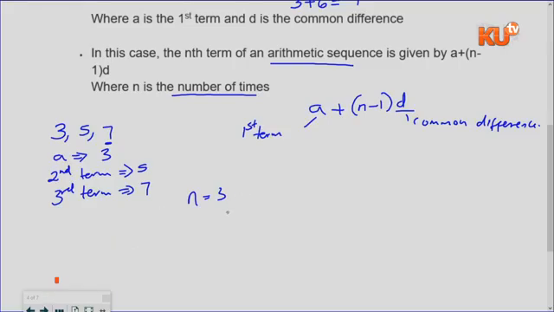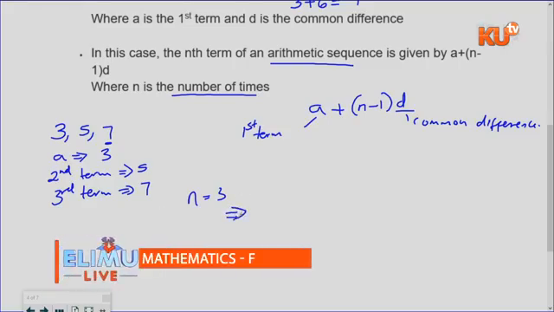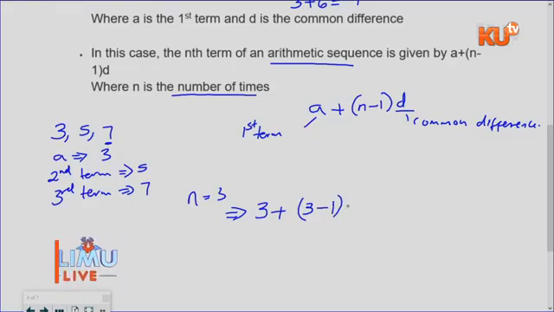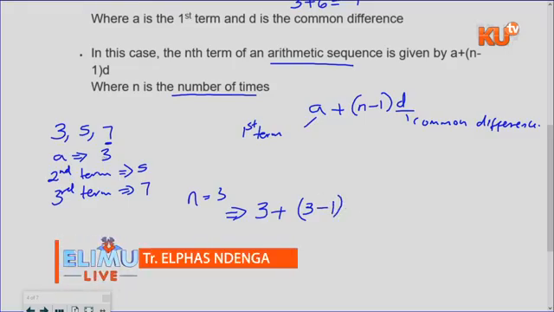And so it will be replaced in the formula: a, which is 3, plus the value of n, which is 3, minus 1, and then we multiply by the common difference. The difference between these terms is 2. So let's put 2 at this point.